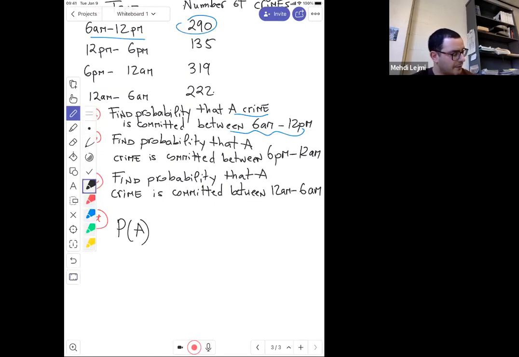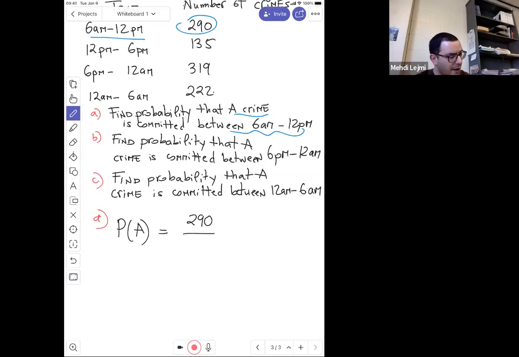So the top is 290, because that's the frequency of the event. How many times the event occurred, right? 290 times. Now the denominator is supposed to be the size of the sample. So 290 crimes out of how many crimes?